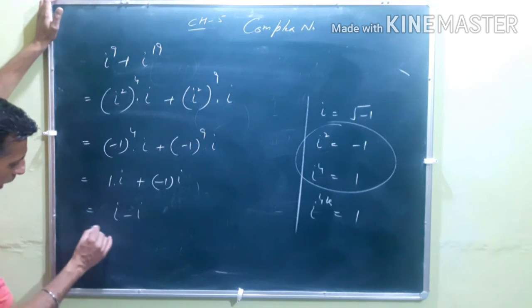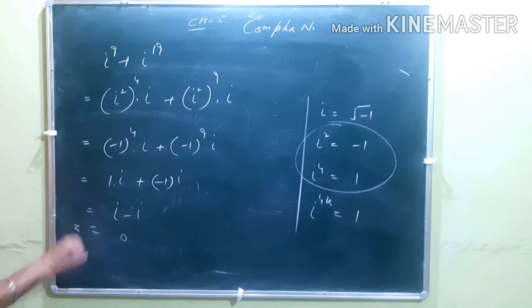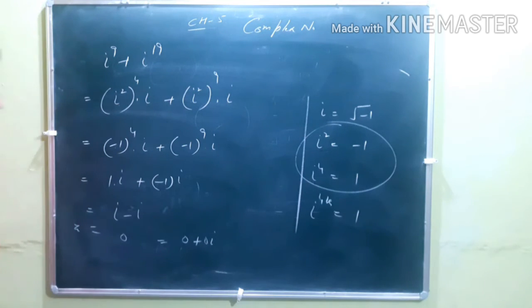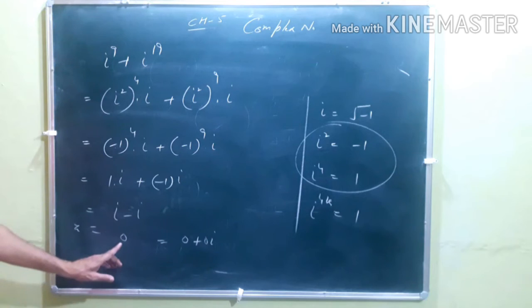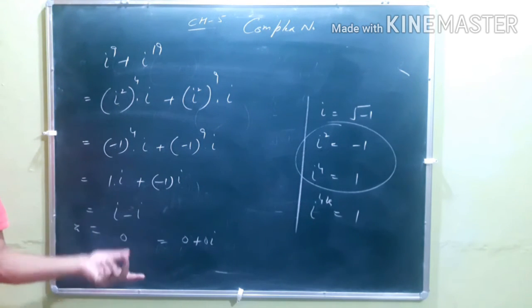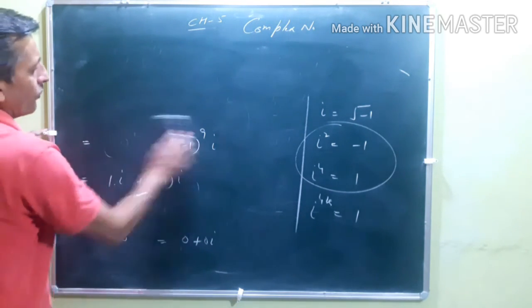This is a real number, Z is equal to 0. If you want to write it in the form A plus iota B, you can say 0 plus 0 iota. As I told you, every real number is a complex number. So this was your second part.